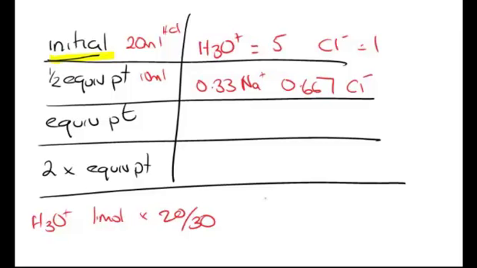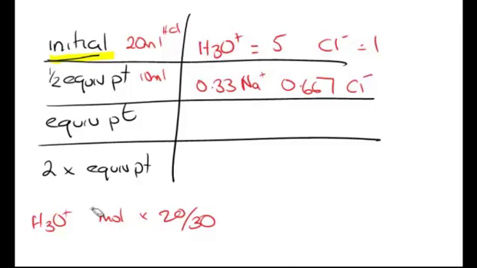So instead of being 1 mole per litre, we put that as being 0.5 because it's been half neutralized. So 0.5 times 2/3 equals 0.33.